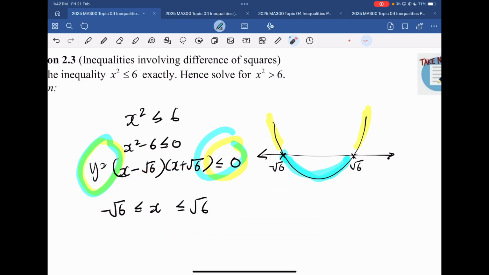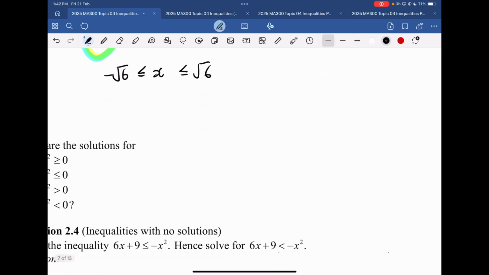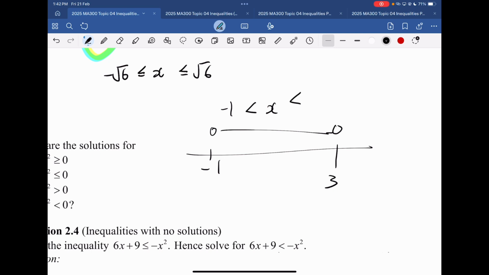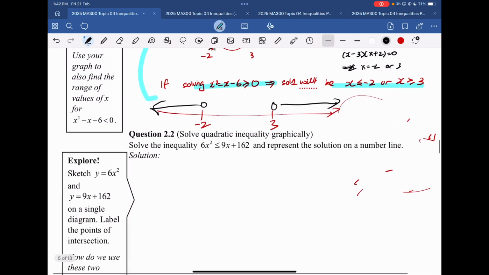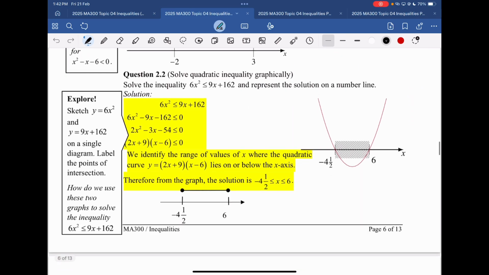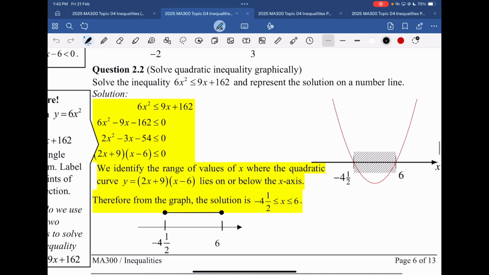If I draw negative 1 and 3, your answer looks like that. It means x is between negative 1 on the left and less than 3. So it always makes sense to put your small values on the left, big values on the right. 2.2.